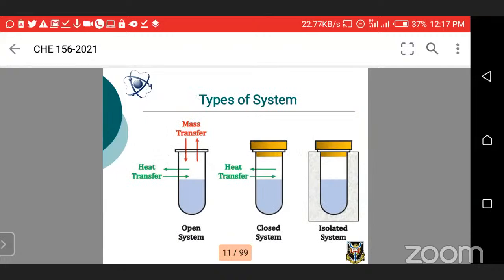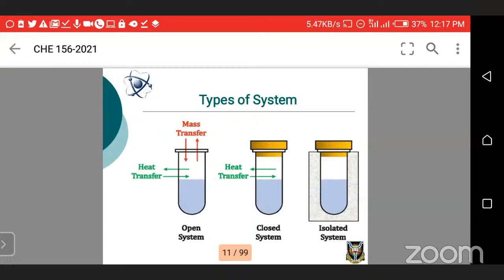Number 3, we have an isolated system. Now, if you look at the 3 test tubes, you will see that the open system allows heat transfer to go out or to come in. So that is exchange between the system and the surroundings.